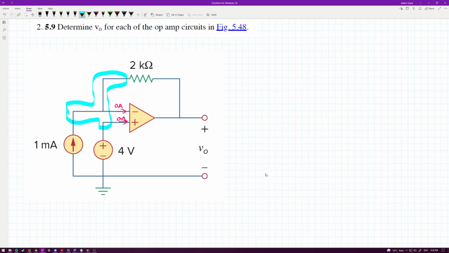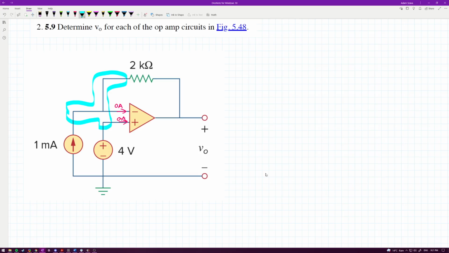How do we do this again? I need the voltage there essentially. I think you need to do nodal analysis at that node right there. Is that how I do it? Let me try to remember quickly. I think so.